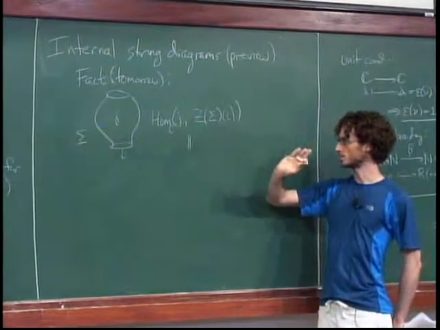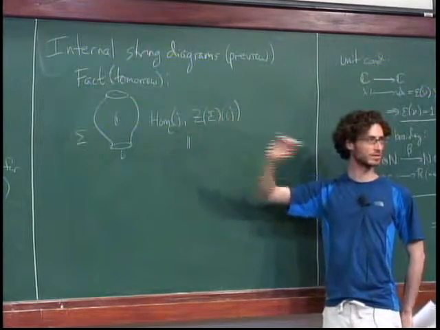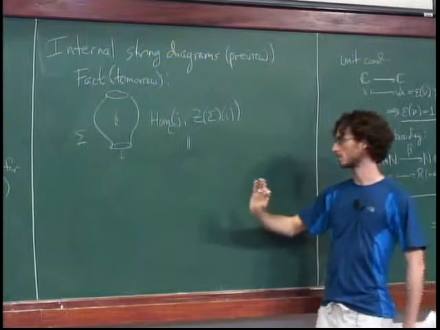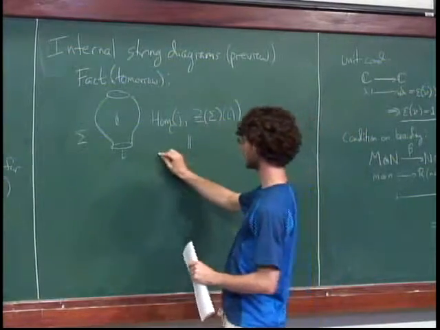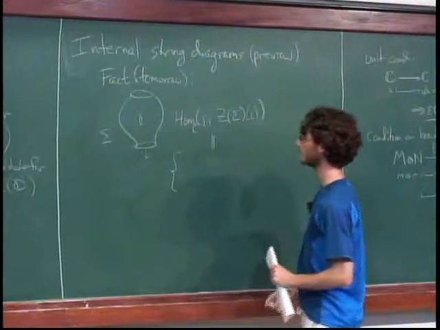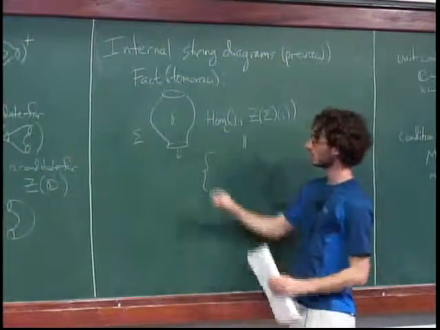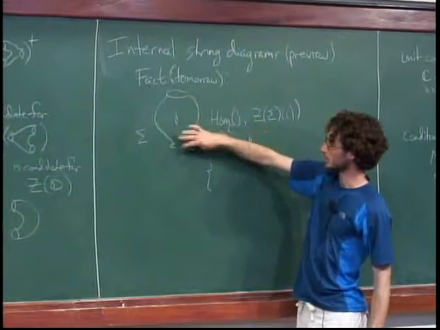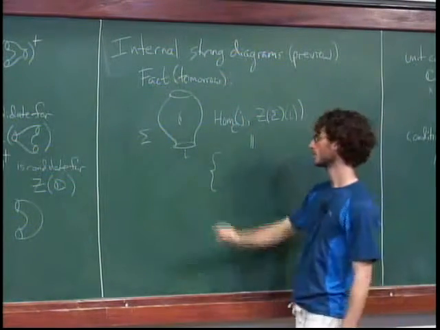It maybe seems a little confusing at first, but you'll definitely see that that's the case if you think about it. The fact I'm asking you to believe is that that vector space is the same as the collection of all ways that you can draw string diagrams inside this surface.